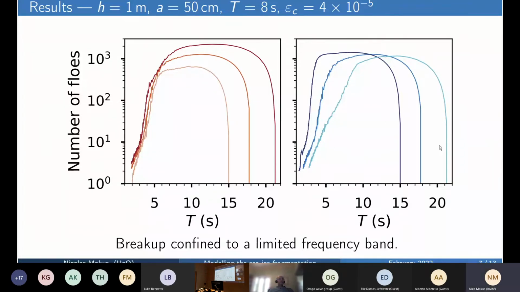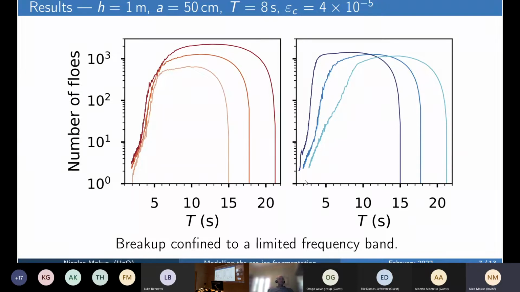We can see that it depends sharply on the wave period. Breakup is only effective in a limited period band, with shorter waves being effectively reflected by the ice edge and longer waves not able to bend the flows enough for them to break.